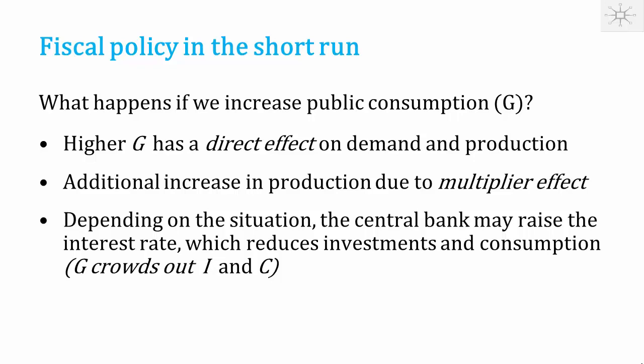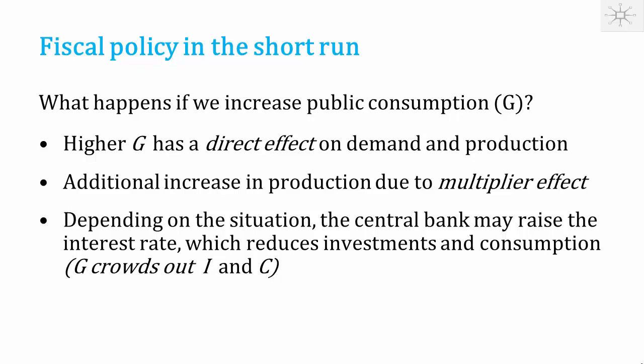And finally, we have a central bank in the background that is setting the interest rate. It's quite likely that if the government spends more money and this leads to an increase in production, then the central bank will set a higher interest rate than it would otherwise have set. And that counteracts the effect of the fiscal policy, because a higher interest rate will reduce investment and consumption.